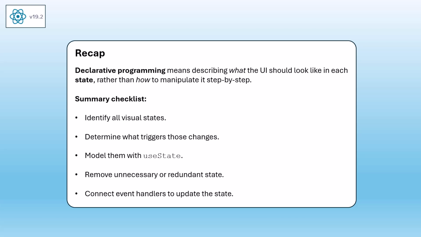Represent those states in memory using state variables. Remove any non-essential or redundant pieces of state to keep it simple and consistent. Connect your event handlers so that user actions and system events update the state. By following these principles, you make your components easier to reason about, more predictable, and much more resilient to future changes.